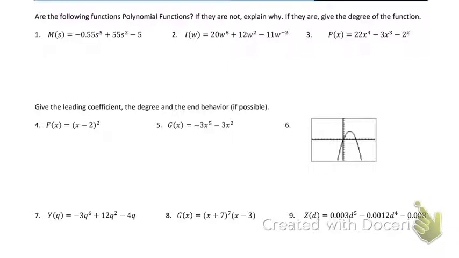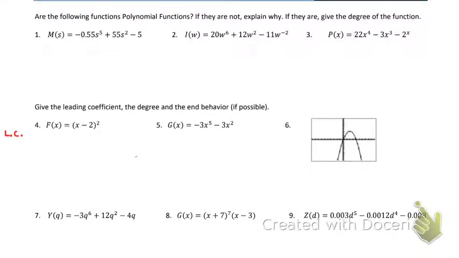All right, guys, let's try number 4. We're trying to find the end behavior. To do that, we need the leading coefficient first. So let's look at the equation. Since we only have one variable here, the leading coefficient will either be here or here.